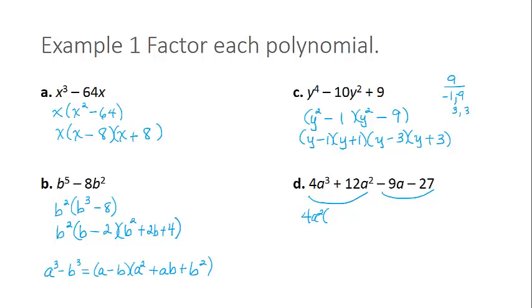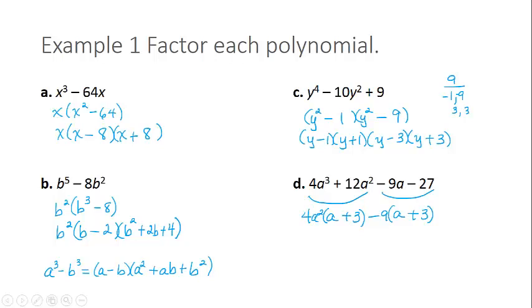Dividing each of those terms by 4a squared leaves us with a plus 3. Then between negative 9a and negative 27, there's a negative 9 common. When we divide each of those terms by negative 9, negative 9a divided by negative 9 is a. Negative 27 divided by negative 9 is positive 3.